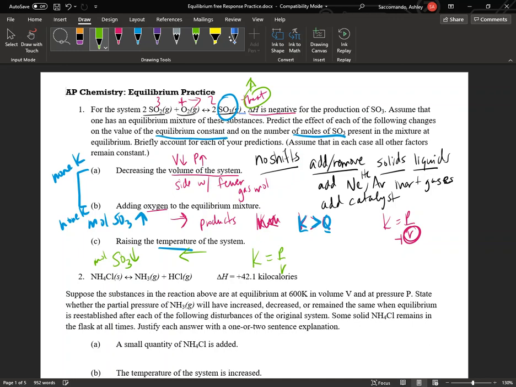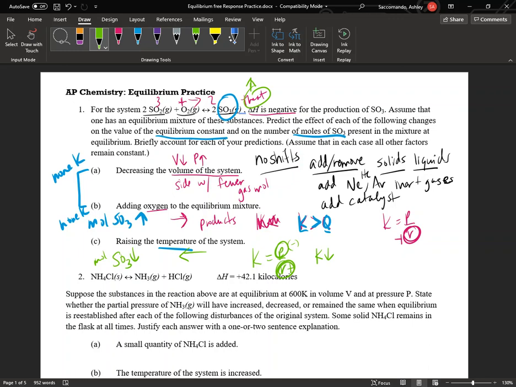And what's going to happen to K now? What happens to our K? If we're shifting left, we're increasing this part, decreasing that part, so decreasing the products, increasing the reactants, K is actually going to get lower. So the new K is going to be lower than the original one before you raised the temperature.